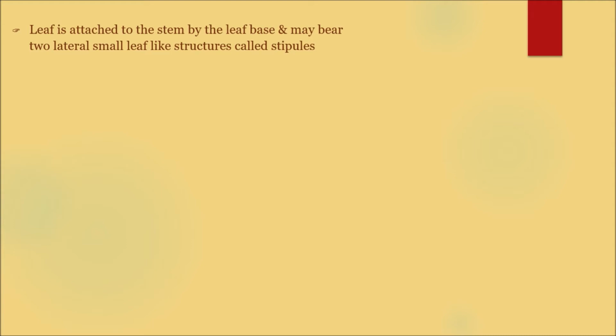Leaf base is the structure with connection to the leaf and stem. The leaf base is the point where leaf is attached to the stem and bears two lateral small leaf-like structures called stipules. The small two lateral leaf-like structures which are present on the leaf base are called as stipules.